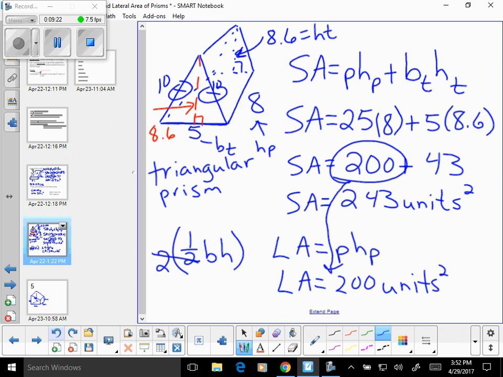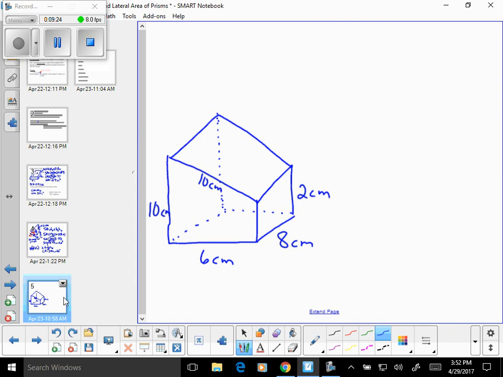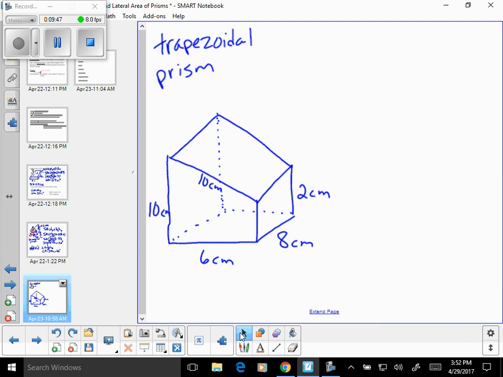Okay, now we're moving on to the third example. This is called a trapezoidal prism. That means the base of the prism is the trapezoid that they show you with this 10, 6, and a slanted height over here, and then this is 2.